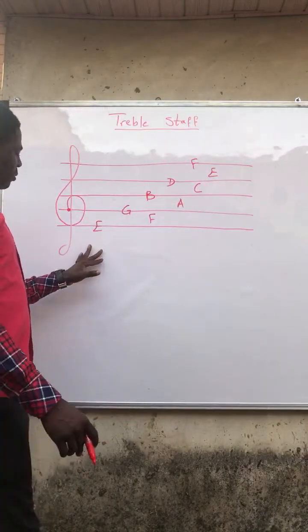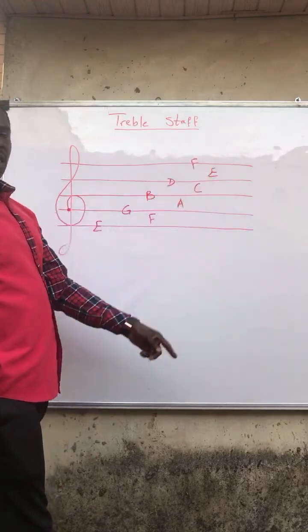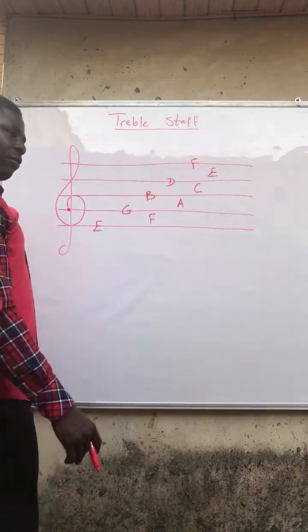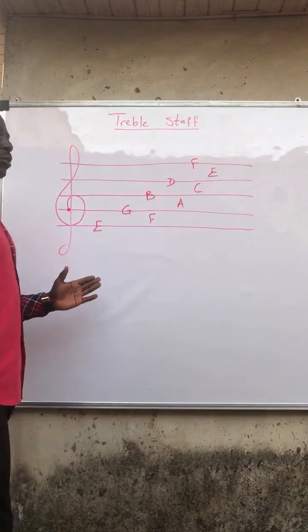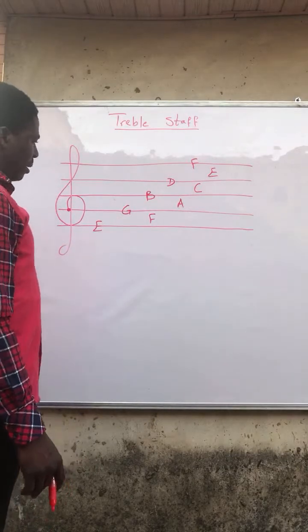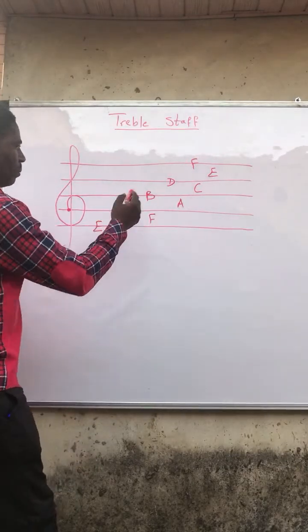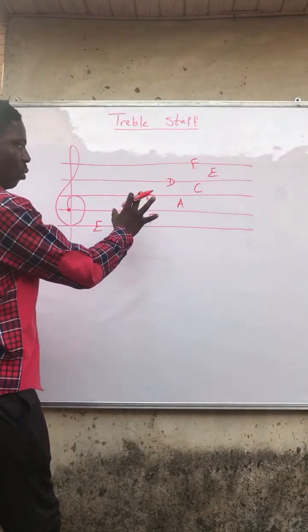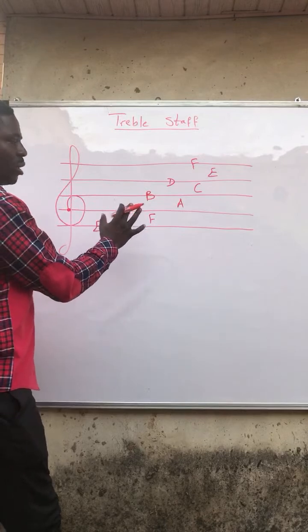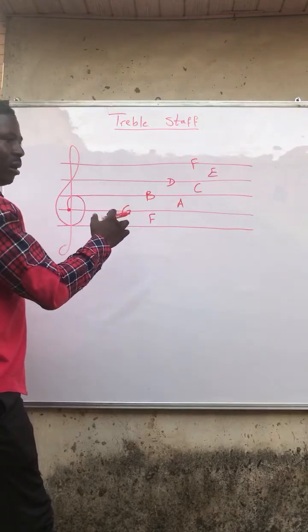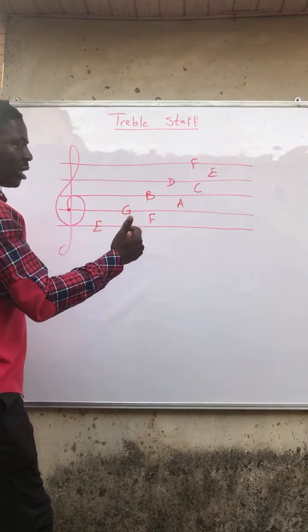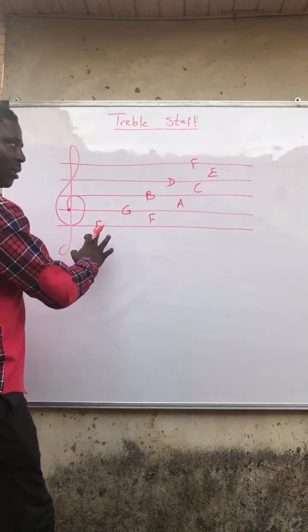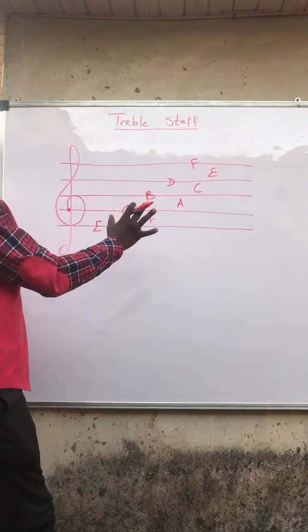Invisible lines and spaces below the staff and above the staff. You can always put them there whenever you need them. So then I'm going to round up here. I want you to go and study this. Please, you can rewind and start the class from the beginning so that you can understand all of this.